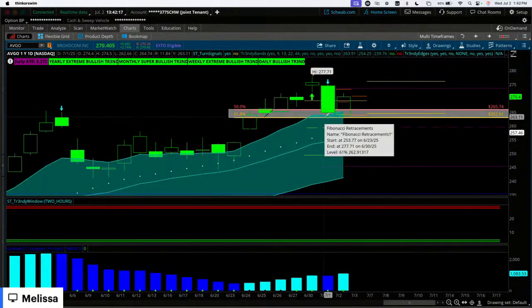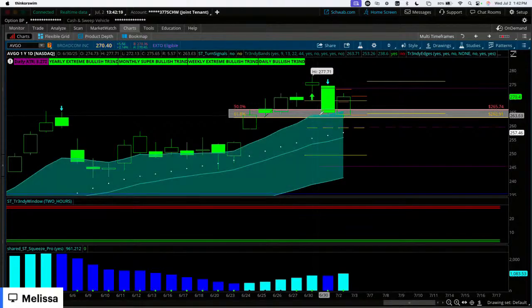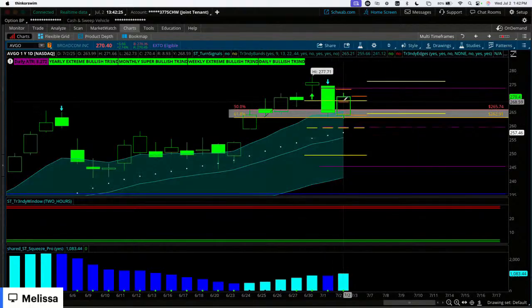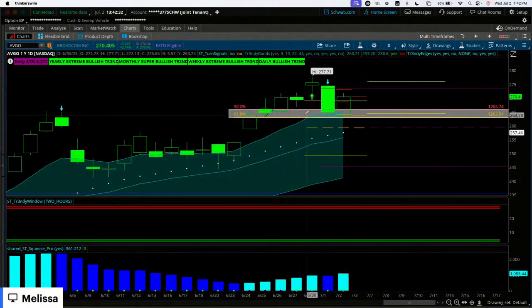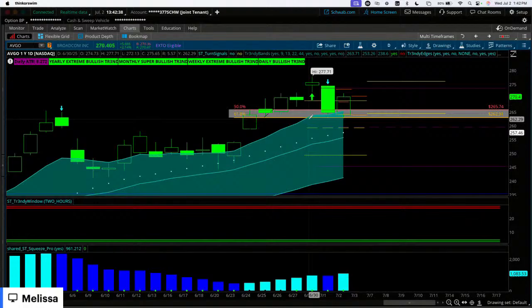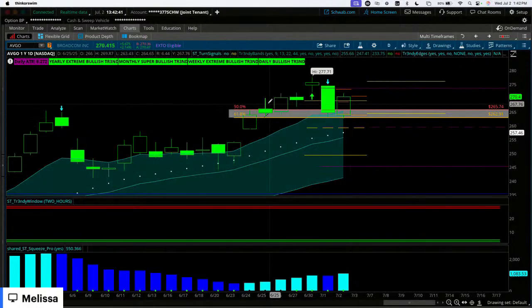We also had the EMA cloud here, nice bounce right off the 9 EMA on the daily chart. And you can see another great profitable trade here in Broadcom buying that golden pocket, also a 4-hour demand zone as well. So, another nice, beautiful trade.